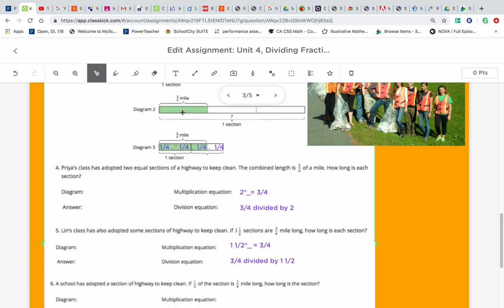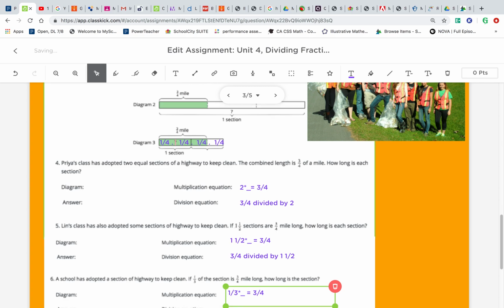So let's write our equations, and then let's work it out. So 1/3 of the section, that's how long the section is. That's going to be multiplied by an unknown. We don't know what that is. So we can say that it's going to be 1/3 times an unknown, and that's going to be equal to 3/4. They match up to the same thing. 1/3 of the section, whatever that is, is 3/4 of a mile.